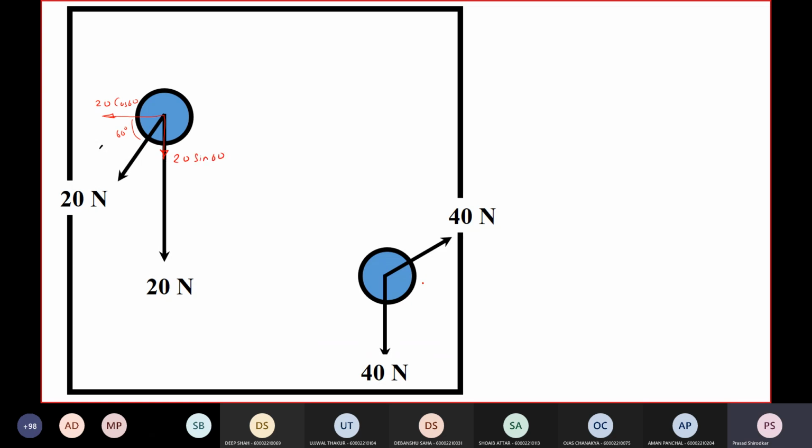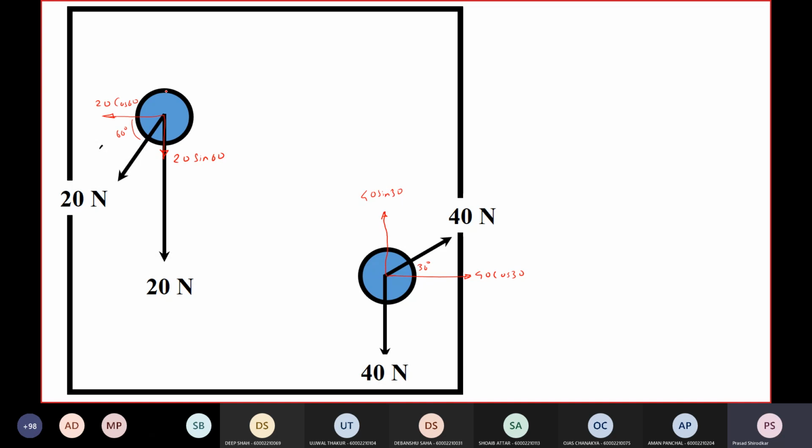Okay, and this is 30 degrees. So this is 40 cos 30 and this is 40 sin 30. Okay.